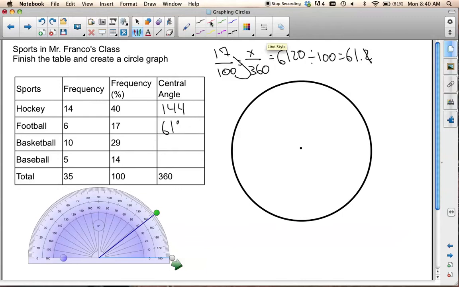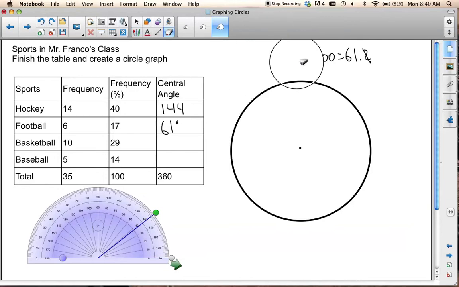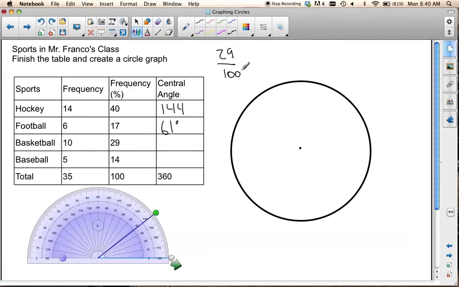And I do the same thing for each one. So if I were to try and figure out my 29 out of 100 is equal to x over 360, I just cross multiply like we've done before. So 29 times 360 gives me 10,440 divided by 100, and I get 104.4 degrees, but I'll round that down.